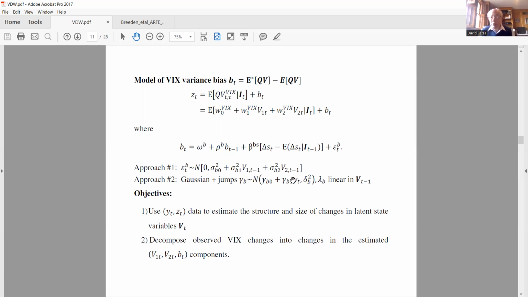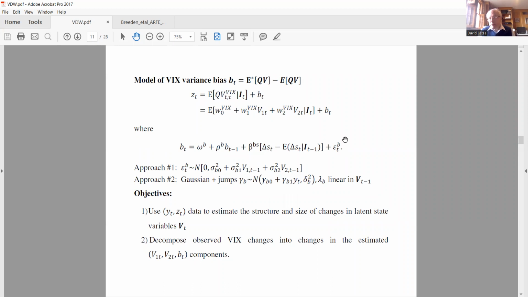So basically, we're just exploiting the information in observed returns, either directly, so just seeing whether observed returns are affecting the estimate of the bias, or in the case of outliers, whether the magnitude of the return conditional on a jump is affecting the bias.